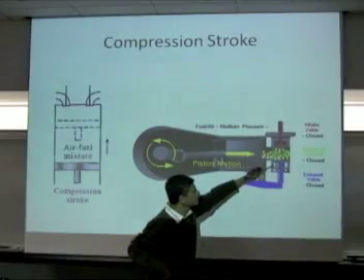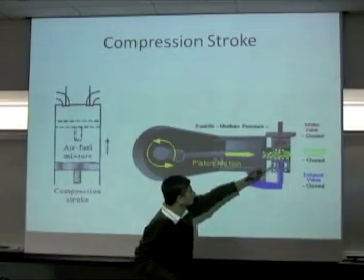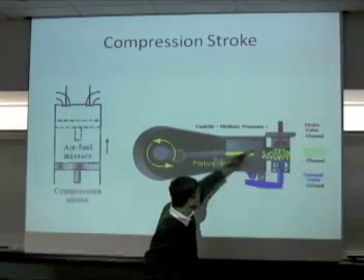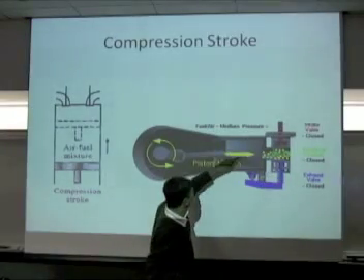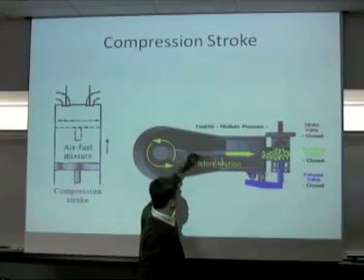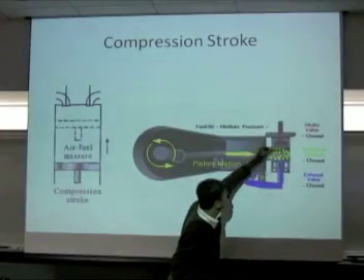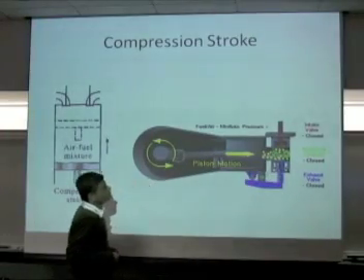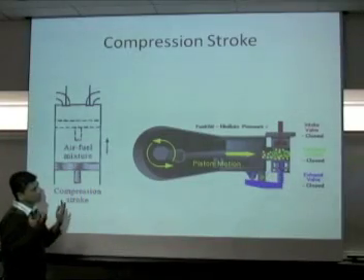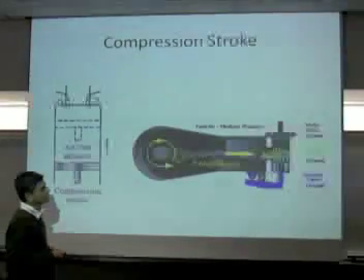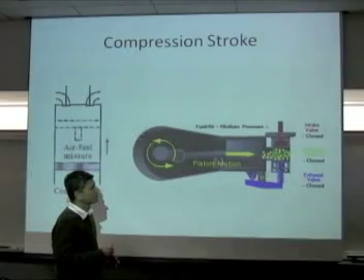The exhaust valve remains closed. So the air which is inside the cylinder is going to get pushed all the way up into the top dead center area, which is the minimum volume, the clearance volume. At this point, it is at very high pressure.